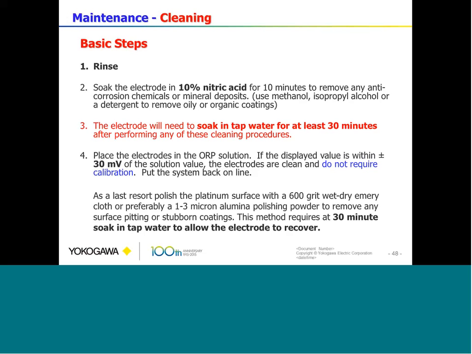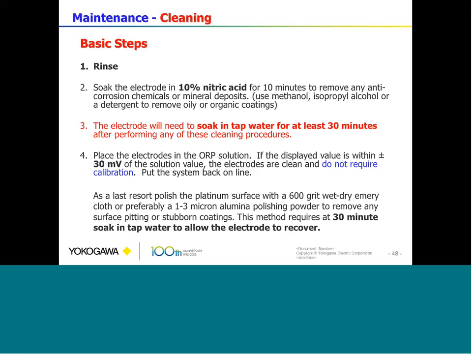Then you can put it in a known ORP solution, and if the value is within plus or minus 30 millivolts, then everything's good to go. It sounds like a pretty wide range, but ORP is not as accurate a measurement as pH. So plus or minus 30 millivolts is pretty tight for it, but not when you're comparing it to how accurate pH can be.